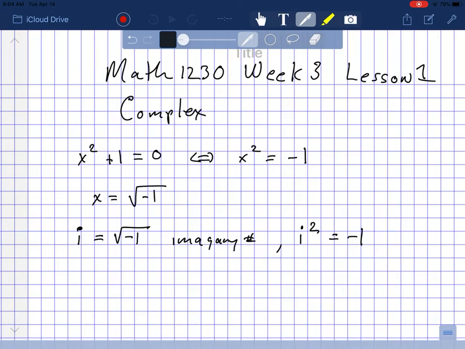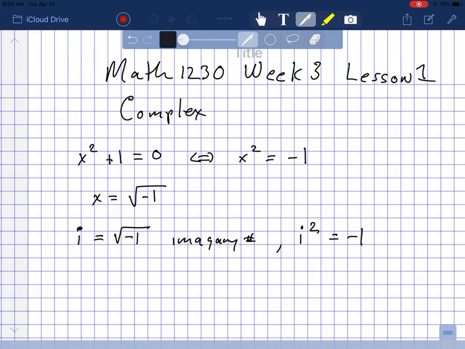So it's not a real number, because we know that a real number squared is going to be greater than or equal to 0. But this number has the property that when it's squared, it's equal to negative 1. So it's not a real number. It's a new number, and we call it i, and it's what we call an imaginary number.